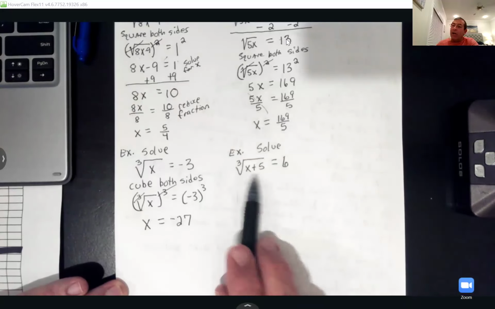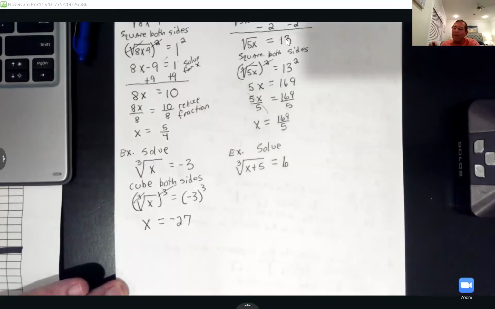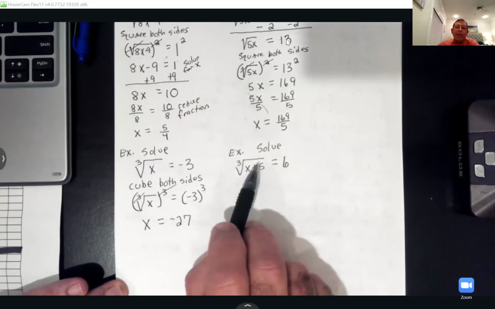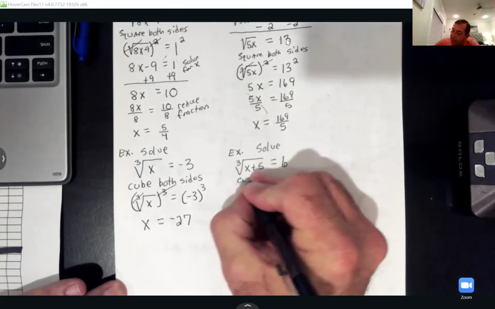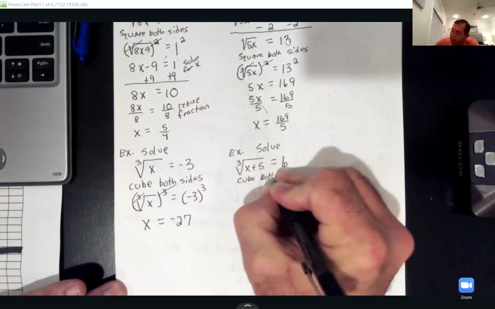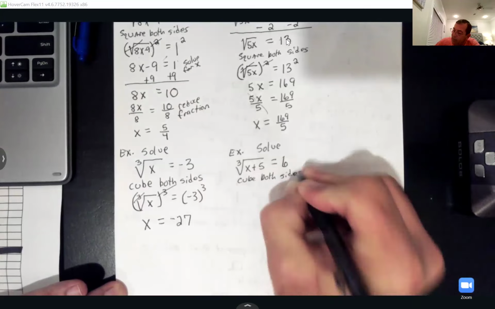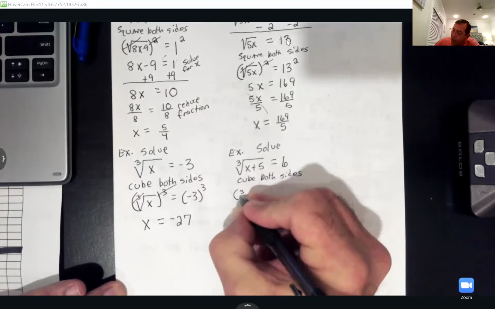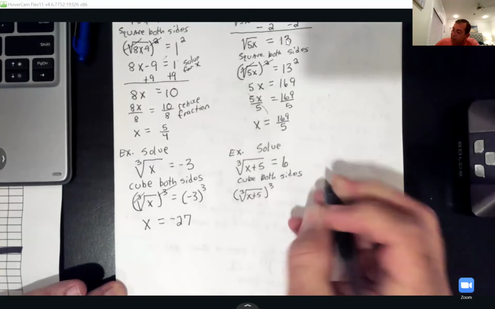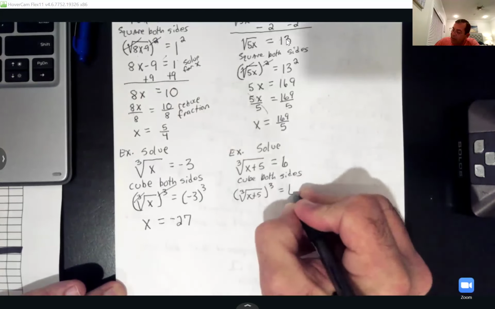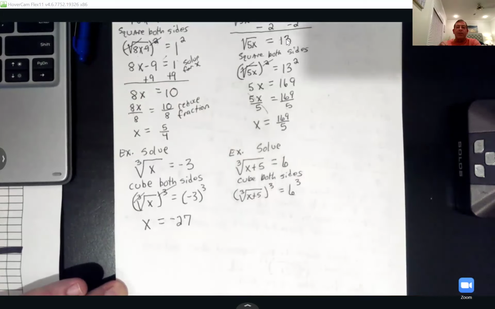So this radical term is by itself, which means I'm going to go straight into cubing both sides. So my cube root of x plus 5 raised to the third power will equal my 6 raised to the third power.